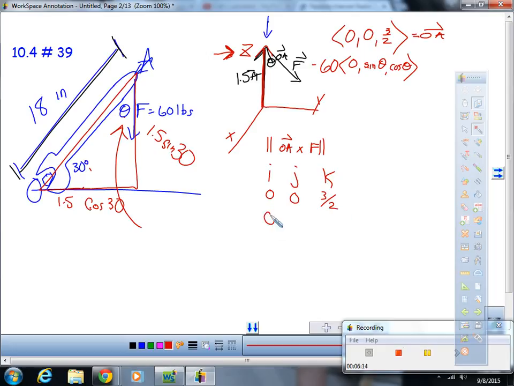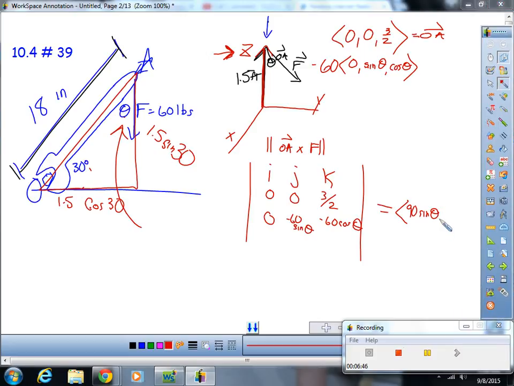This is 0, negative 60 times sine of theta, and negative 60 times cosine of theta. And so the cross product, hey, I'm just going to speed this up. Hopefully we're getting better at those. I'm not going to do it all in my head. I'm just going to tell you that it's going to be 90 sine of theta, comma 0, comma 0. That's what you're going to get when you do the cross product of those two.